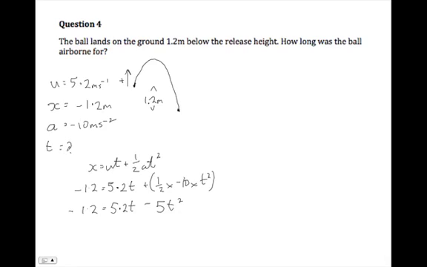So my new question is, okay, let's forget t for the minute. Let me find out v. So v squared equals u squared plus 2ax. v squared, we don't know, that's our unknown, equals u squared, 5.2 squared, plus 2 times minus 10 times minus 1.2.